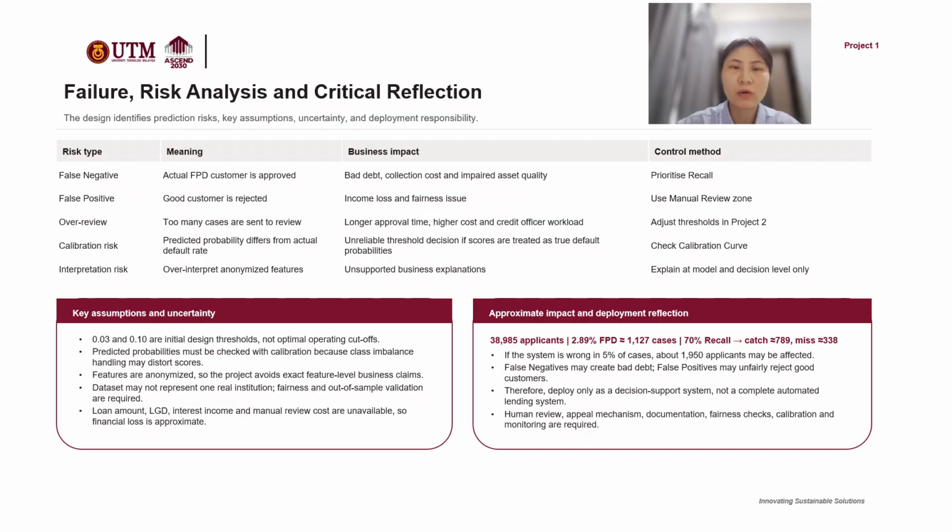There are also calibration risk and interpretation risk. Calibration risk means predicted probability may not equal actual default probability. Interpretation risk comes from anonymized features. The key conclusion is that this system should only be used as a decision support system and not a fully automated lending system.